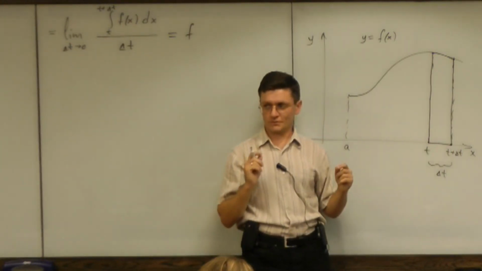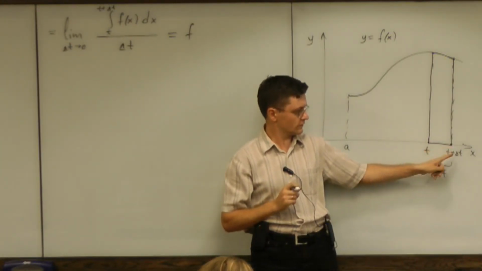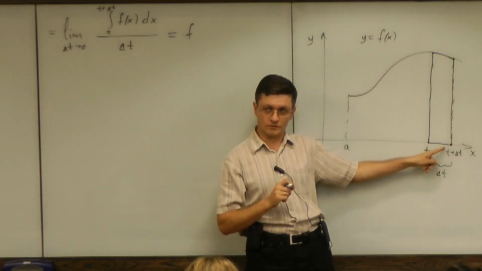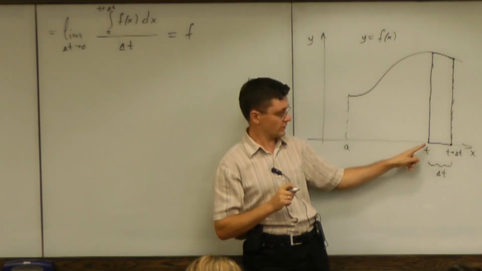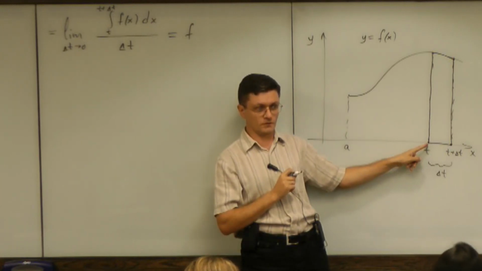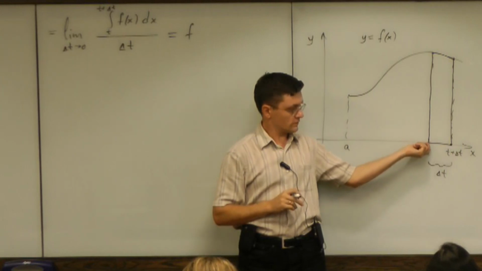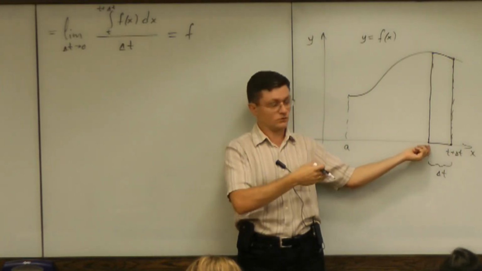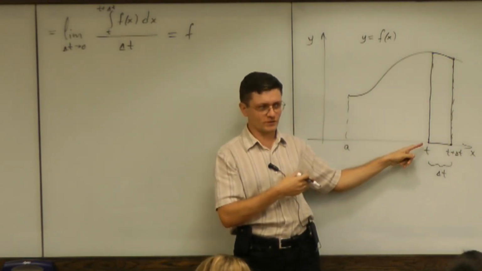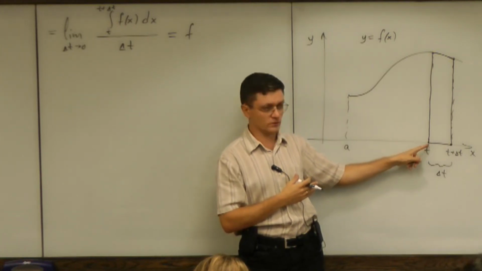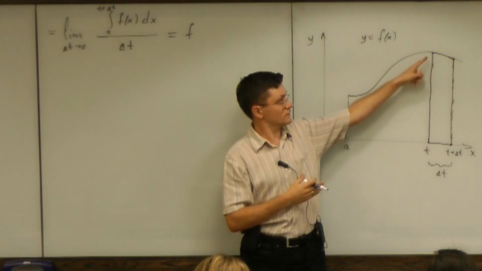All right, so what happens when we take delta t to 0? This point moves to the left, right? It changes, but that point t stays the same. As delta t goes to 0, t doesn't change at all. So the left side of the rectangle, of the shape, not rectangle, but the shape, is always the same, and the height is going to be equal to the value of f at that point t.